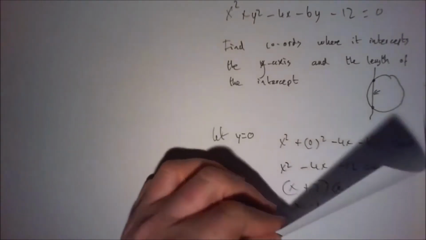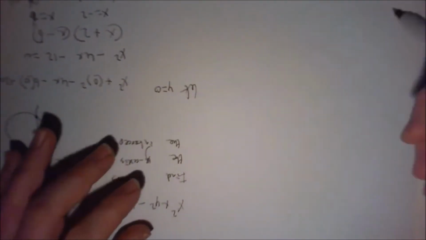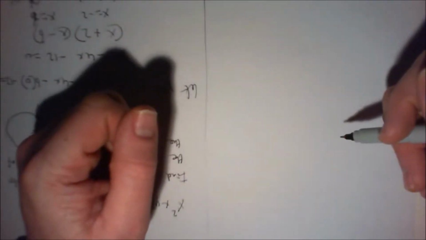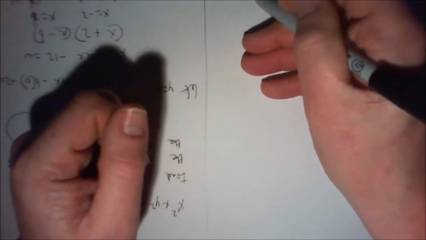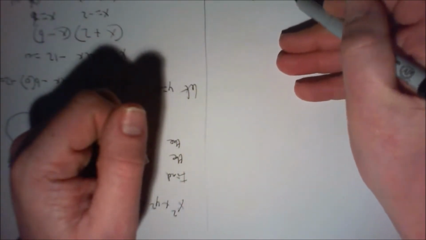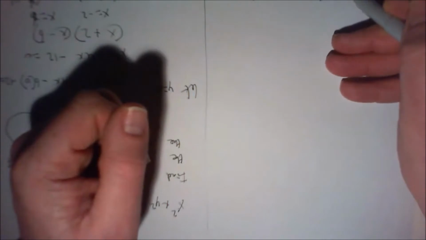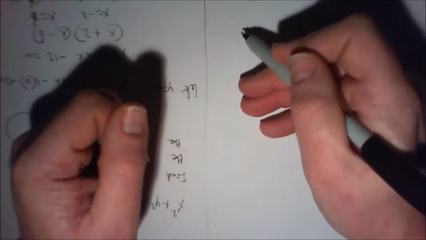Yeah, now we're going to try another one. Try not to waste the paper, if that's okay. So, here we go. Here's a nice one. So, x squared plus y squared minus 4x plus 11y minus 12 equal to naught.